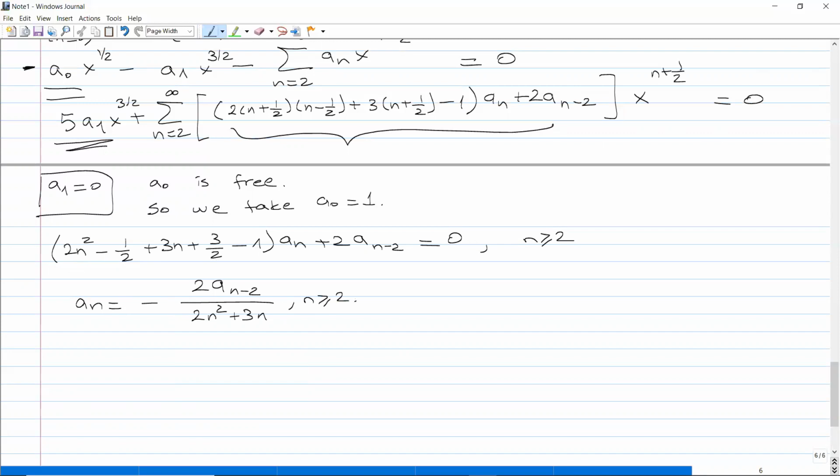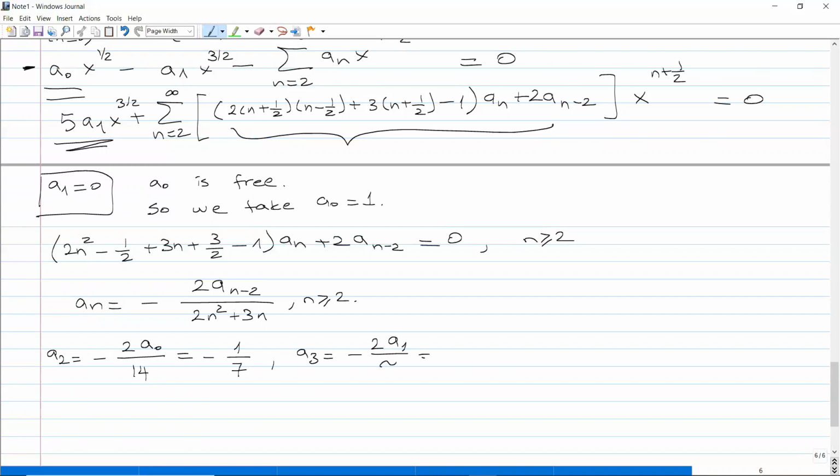So we just compute a few. We already take a0 to be 1, a1 is 0, so what is a2? If you take n equals 2, a2 is minus 2 a0 divided by, n equals 2, so 4 times 2 is 8 plus 6, 14. So this is minus 1 over 7. Remember, a0 is 1. a3 is going to be minus 2 a1 over something.